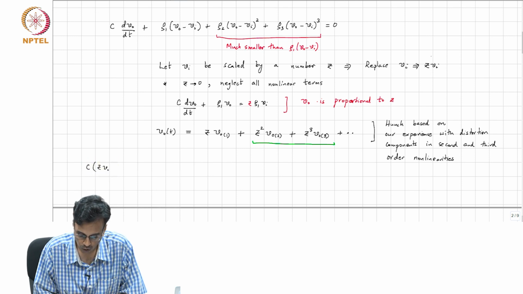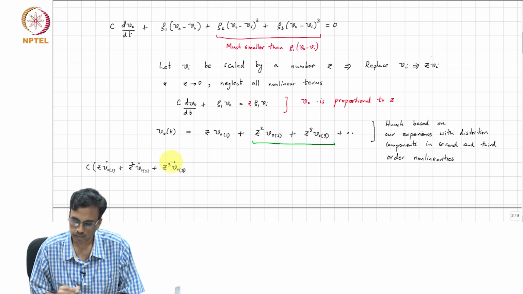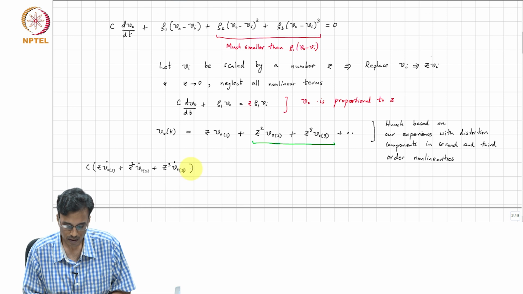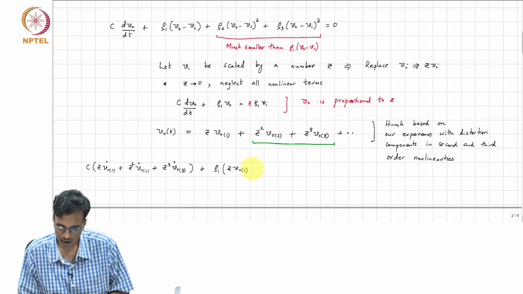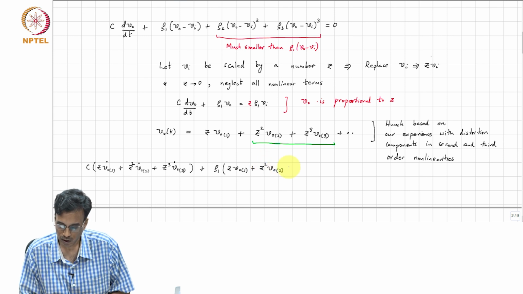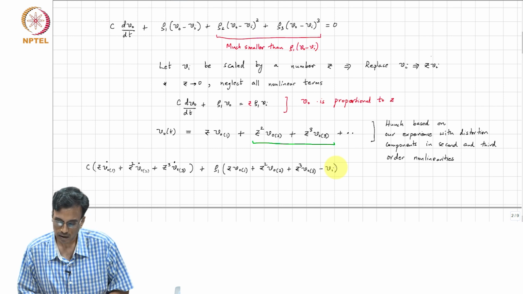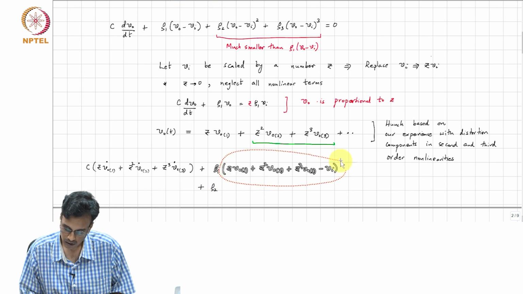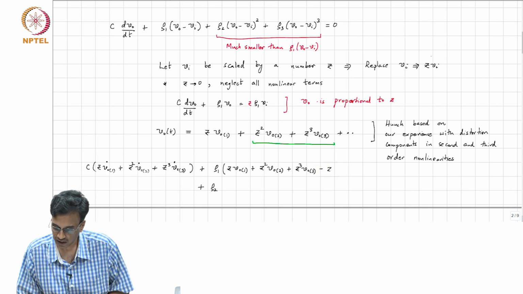So this is Z times VO1 dot plus Z square VO2 dot plus Z cube VO3 dot, etc., plus G1 times Z times VO1 plus Z square times VO2 plus Z cube times VO3 minus Vi, plus G2 times, exactly, thank you, so this is minus Z times Vi.